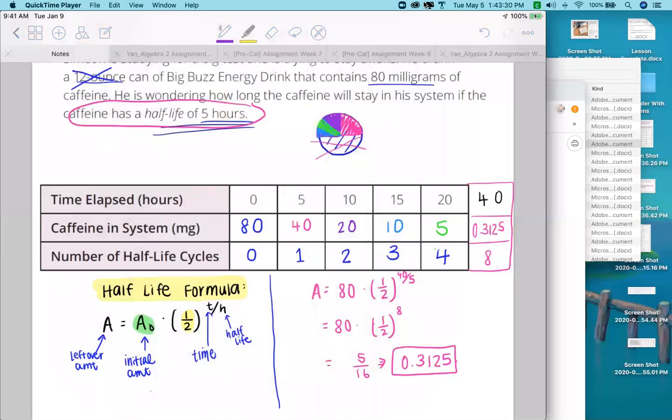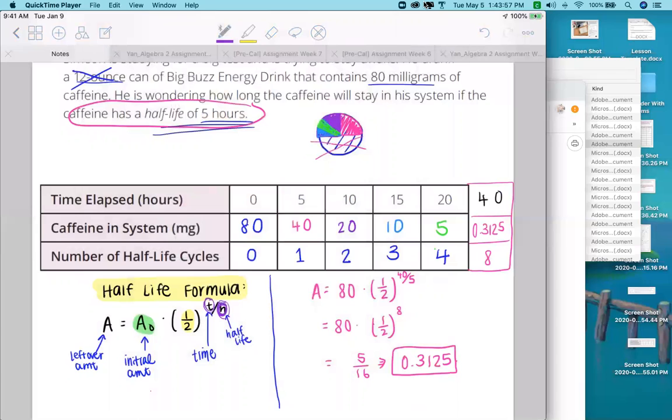And then it's the time and half-life up here. Since they tell us the half-life is 5, 5 is always going to be at the bottom in this question. And then the t is whatever you're substituting in there.